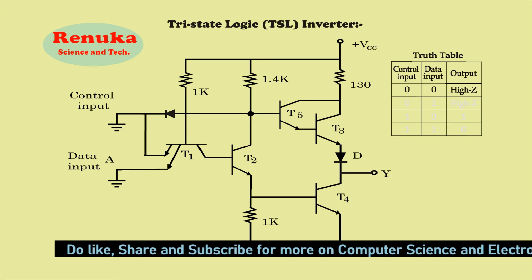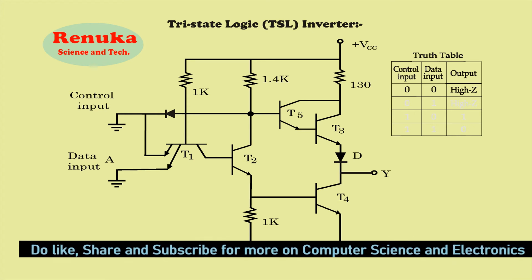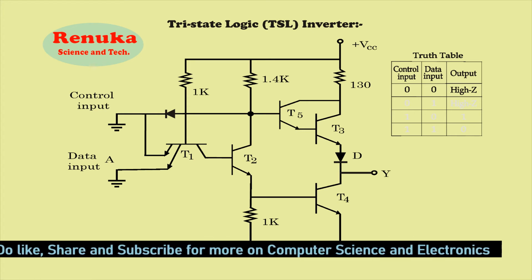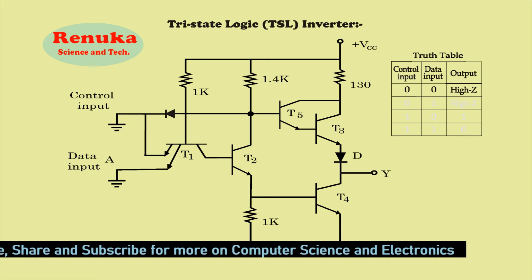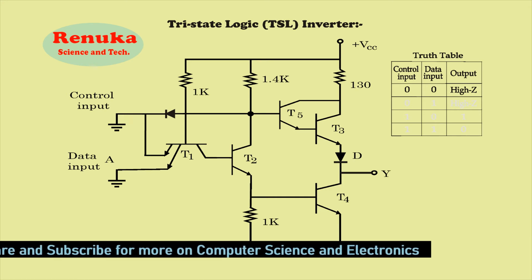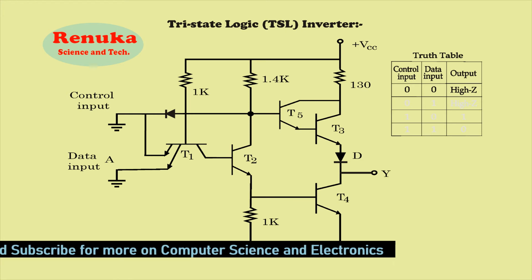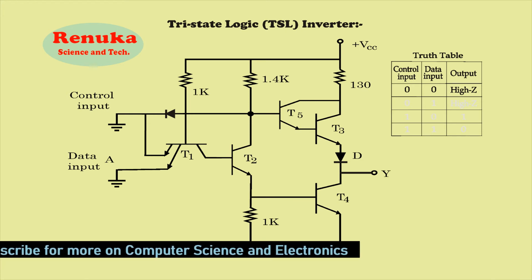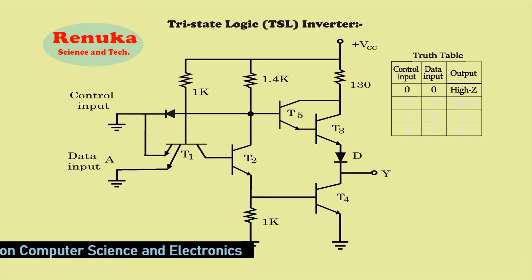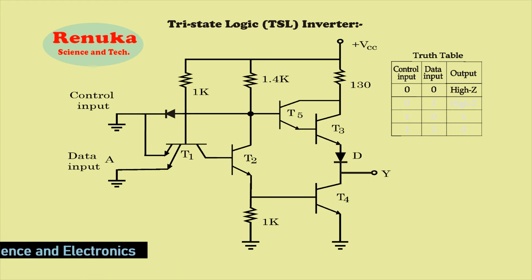Because in this case the diode cathode is connected to the negative terminal and the anode is connected to the positive terminal through the 1.4 kilo ohm resistor towards positive VCC. So in this way, this diode is getting forward biased. If the diode is forward biased, all the current from the power supply will enter the 1.4 kilo ohm resistor and sink towards the ground through diode D. So no current will flow towards transistor T2.